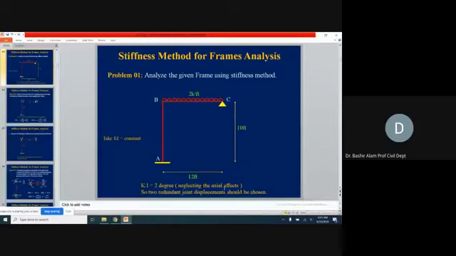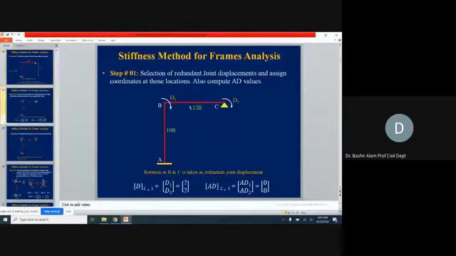Now 2 redundant joint displacements should be chosen, and those 2 unknowns will be theta at B and theta at C. But we will make a general notation: instead of thetas and deltas, we write them in terms of D's. On the next slide, we identify our unknown joint displacements. Step number 1 is selection of redundant joint displacements, meaning the unknown joint displacements, and assigning coordinates to those locations.